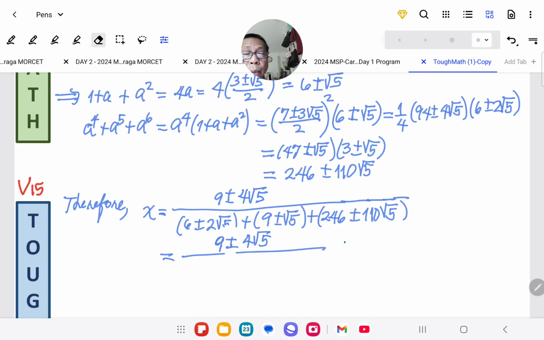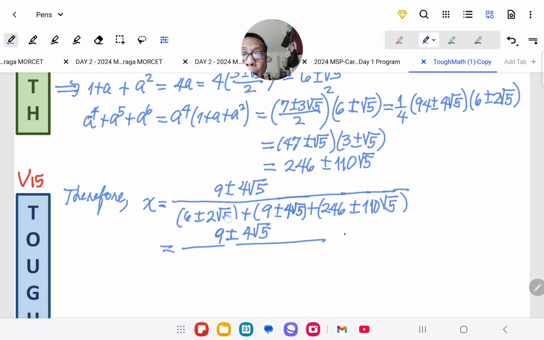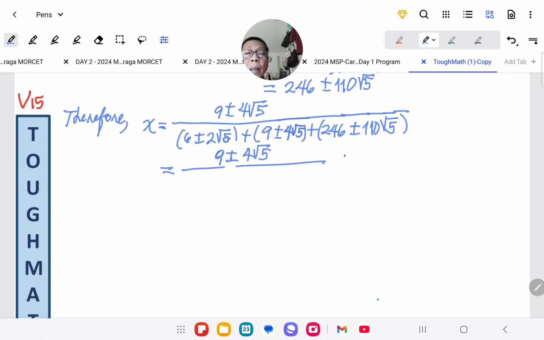And also this one, this is 4 square root of 5. And in the denominator we have 261 plus or minus 116 square root of 5.